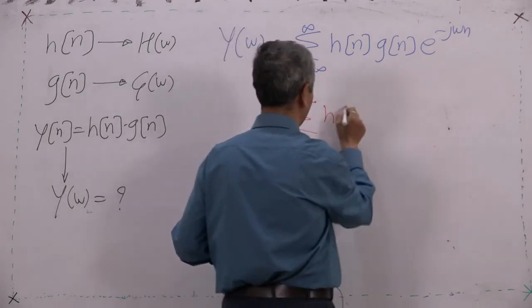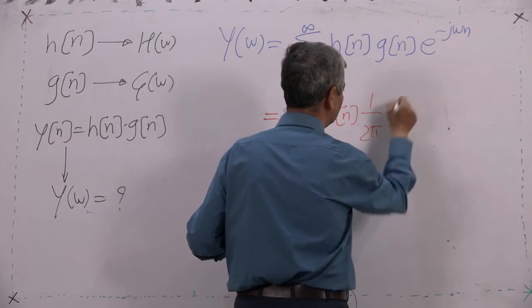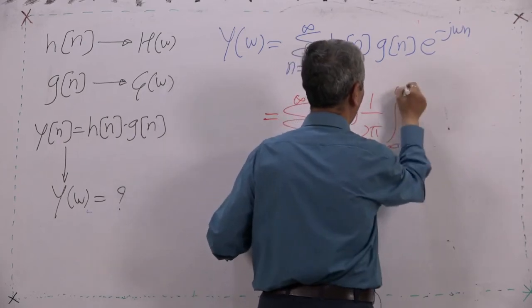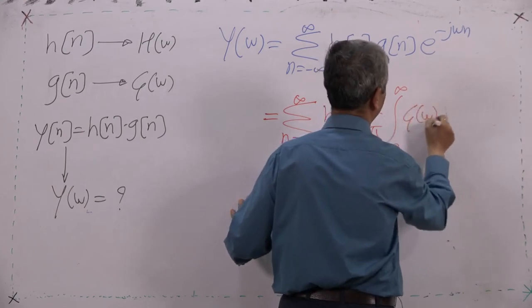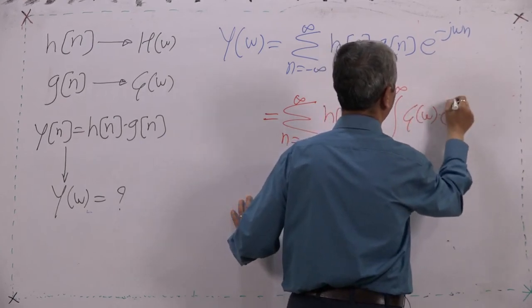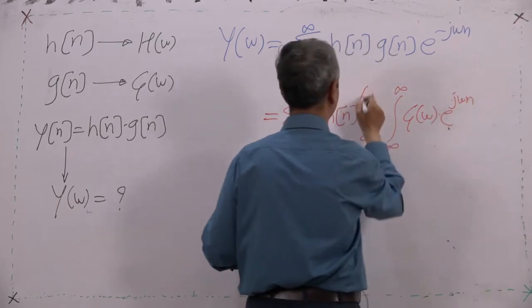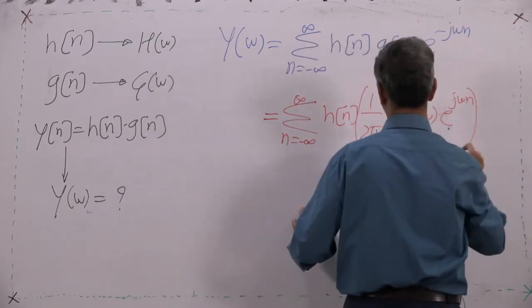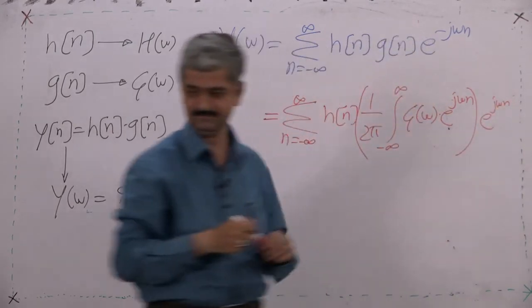So hn is kept as it is, and you replace gn as 1 upon 2 pi times the integral of G(omega) e raised to j omega n.